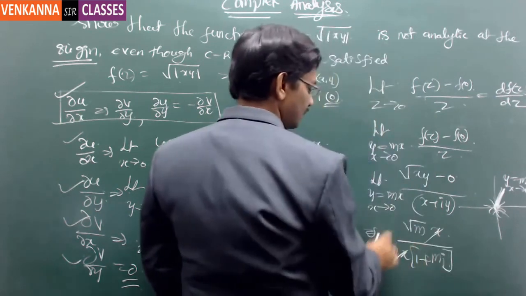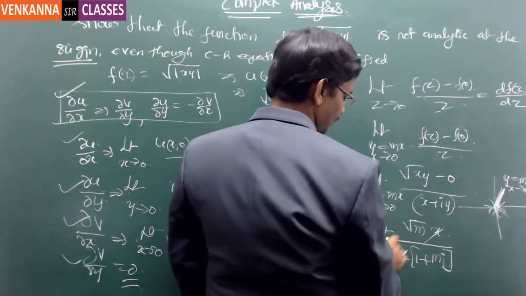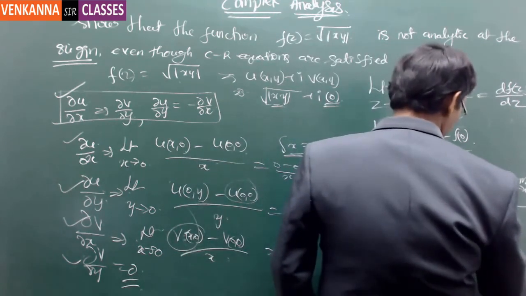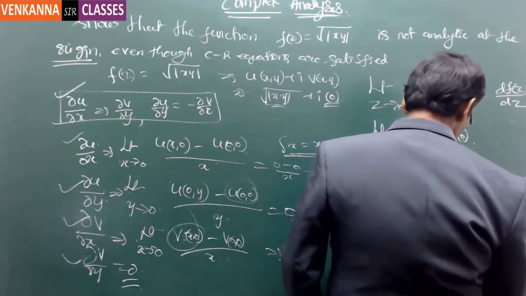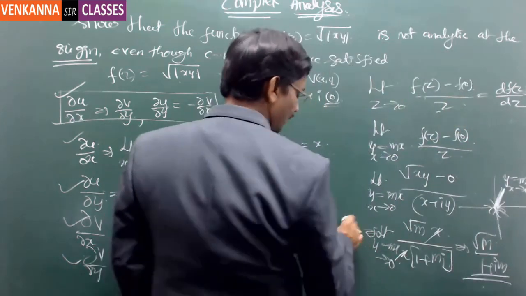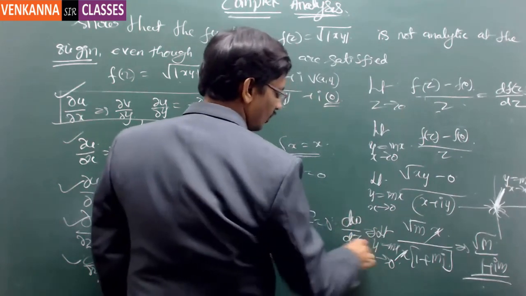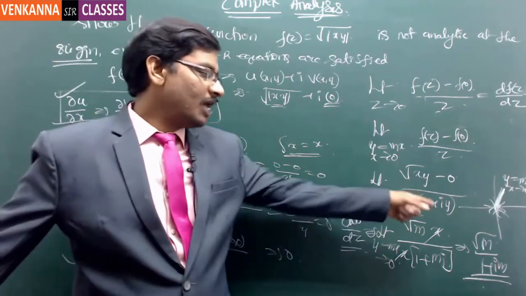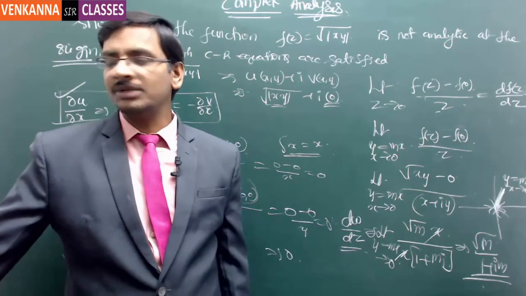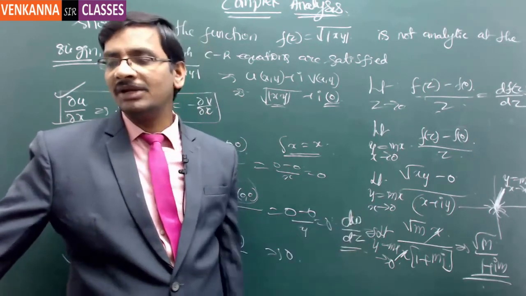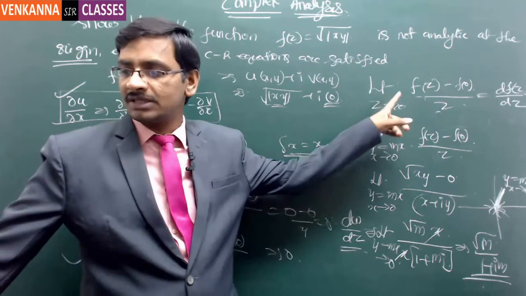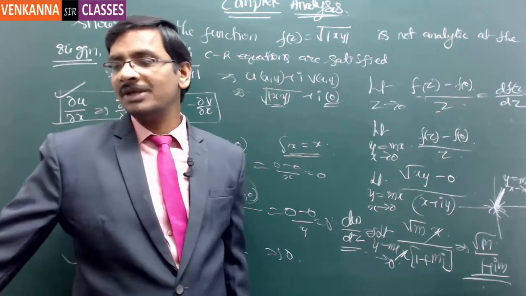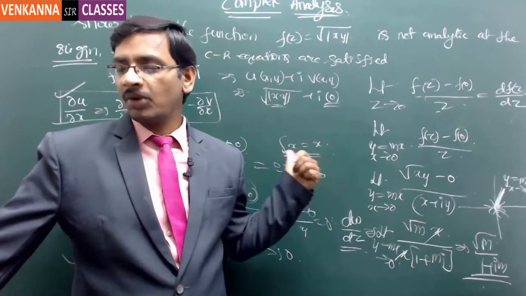This x will cancel, so the limit with y equal to mx and x tends to 0 will be equal to root m divided by (1 plus im). Now if you notice, this value is the derivative of f(z), dw/dz, and it comes out to be a function dependent on m. For each value of m, the value of the derivative is different, which essentially means that the derivative doesn't exist, or the limit as delta z tends to 0 of [f(z plus delta z) minus f(z)] divided by delta z does not exist. That means the derivative does not exist at the origin.